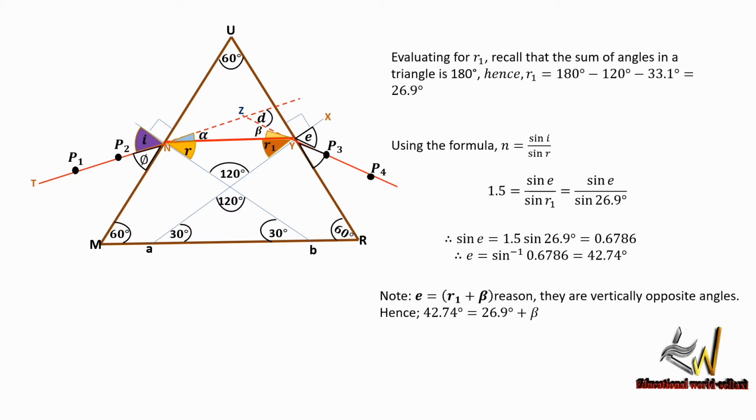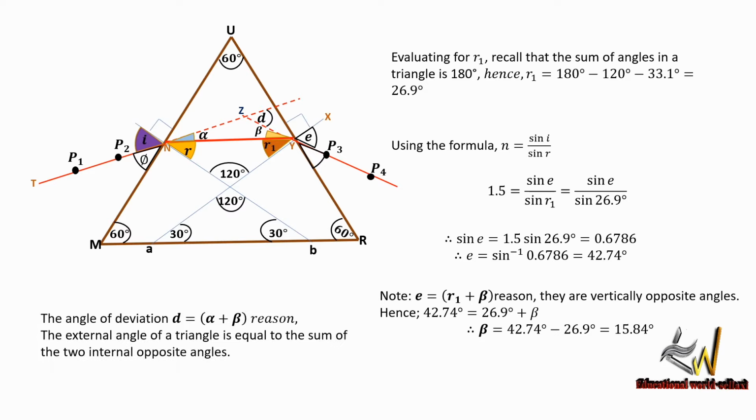And simplifying for beta, because E is equal to R1 plus beta, hence beta here is equal to what? 42.74 minus 26.90 degrees, which gives us 15.84 degrees.